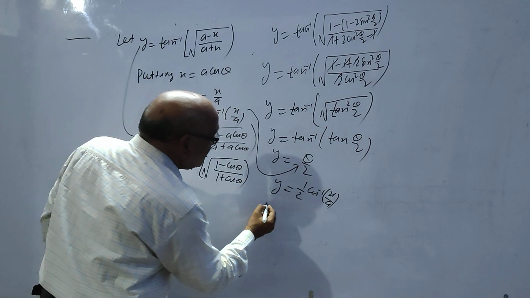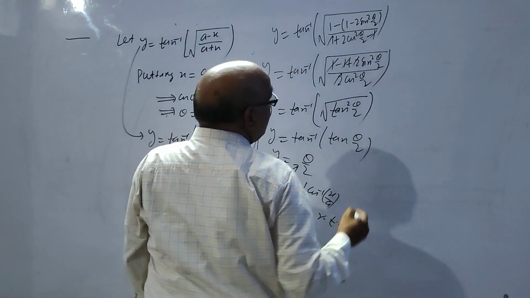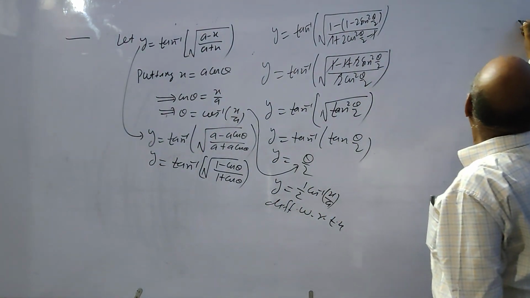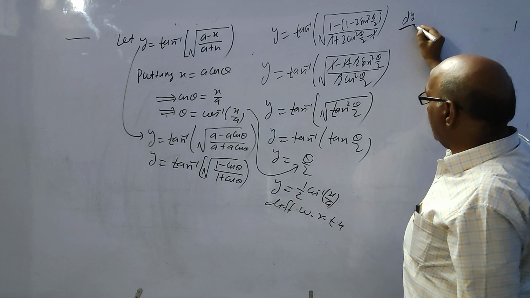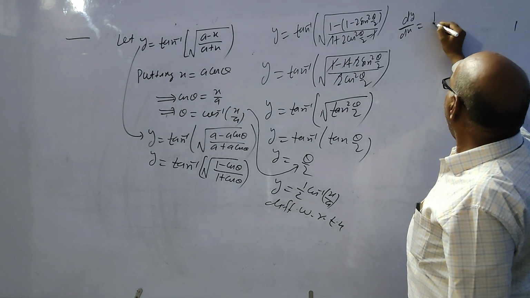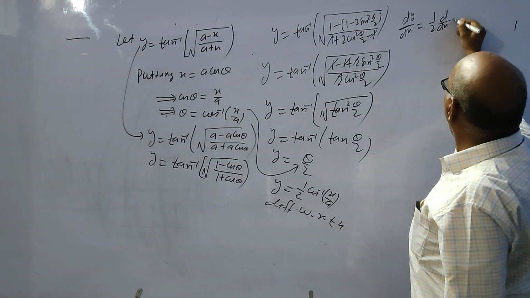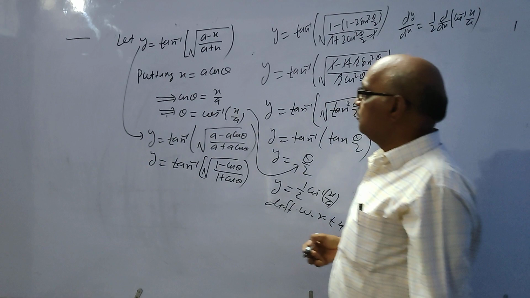Now differentiating with respect to x, what will come? dy over dx is equal to 1 by 2 into d over dx of cos inverse x upon a.